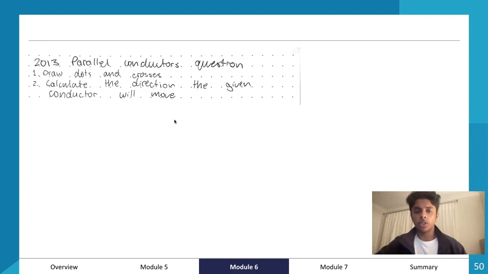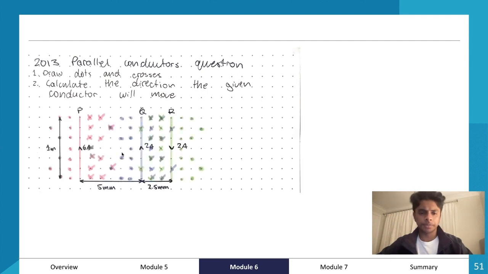So how do we solve this question? Well, first we'll draw the dots and crosses, and we'll calculate the direction the given conductor will move in. Drawing the dots and crosses now, we can see that for R, if I do my right hand grip rule, the four fingers will go into the page, and we have green crosses going into the page.